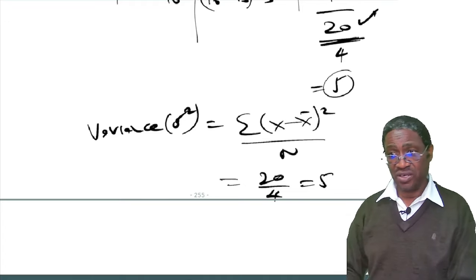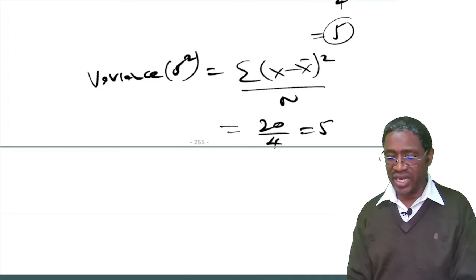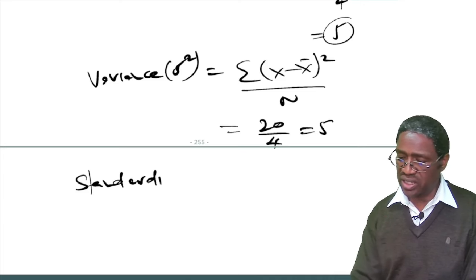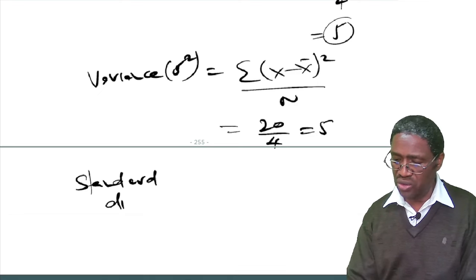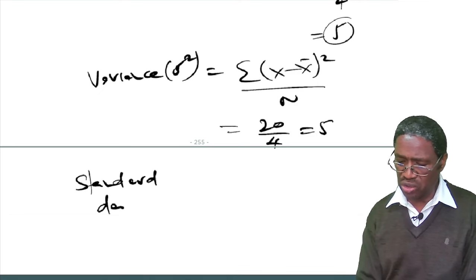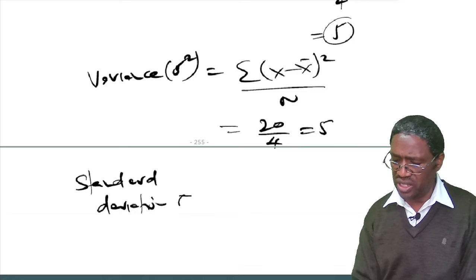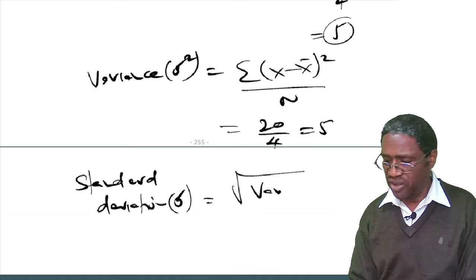You there? Good. Now, once I get the variance, I can now get the standard deviation. I've already told you a short while ago that the standard deviation, which we normally call theta, is the square root of the variance.